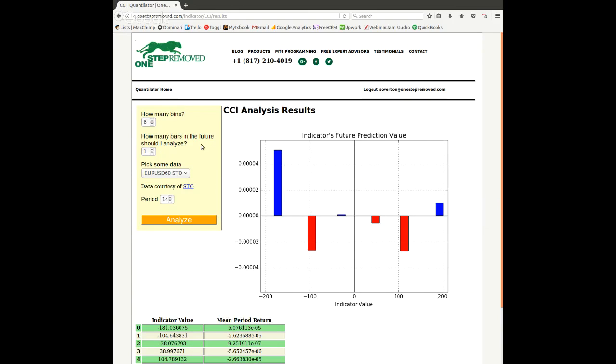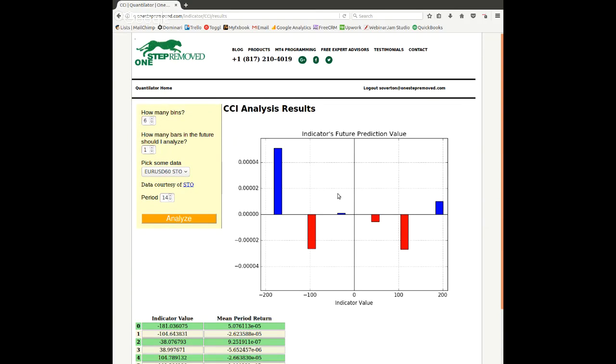Okay. Now, what I want you guys to notice is that this isn't all that great right now. So when you're getting an indicator value on the 14 period CCI, 1 bar in the future, it's only giving you a percentage return of 0.004%. Let me write that in the chat box so you can put that in context. All right, not terribly exciting there.